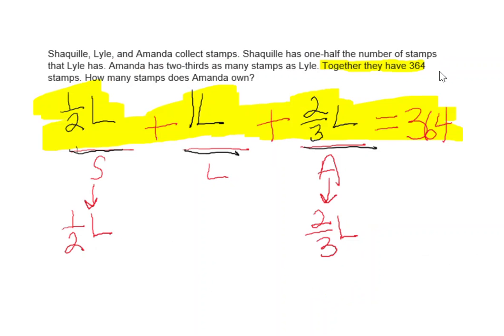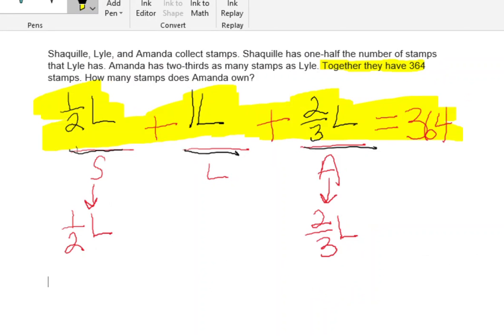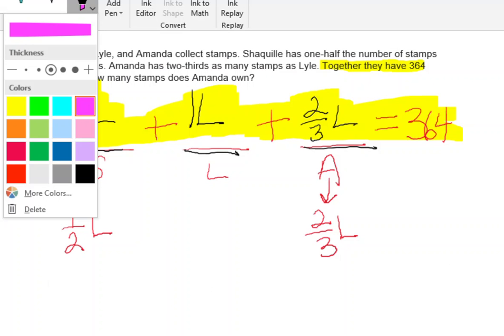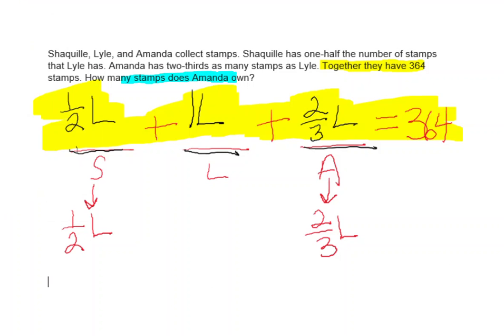On that note, going back to this first example, I noticed that when we look at this example, it does say, how many stamps does Amanda own? So what did our variable represent in the equation? And that's why it's important, if you're going to use x, to make sure you define what the x represents.